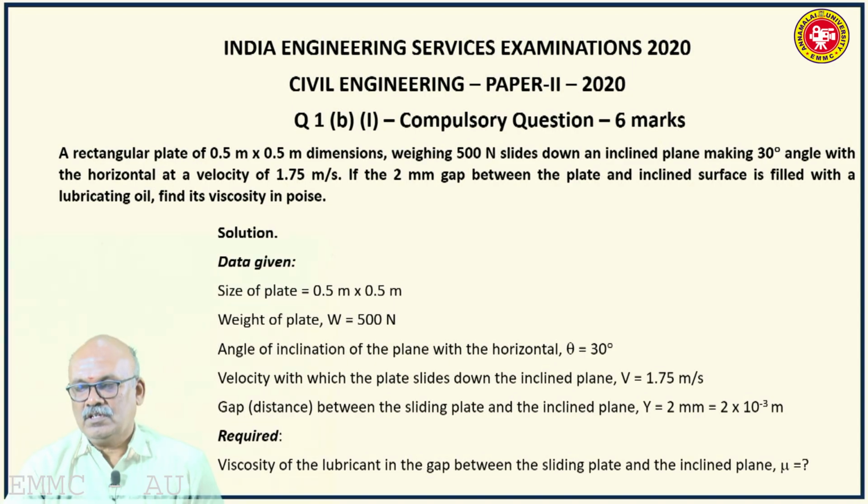So, a similar sort of problem we discussed previously on viscosity. I request the viewers to go through that, and if you have gone through that solution and understood, you can very easily solve this. This is of the same type. So, we have listed the data.